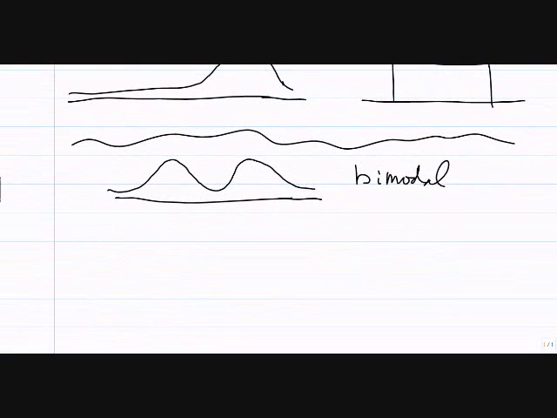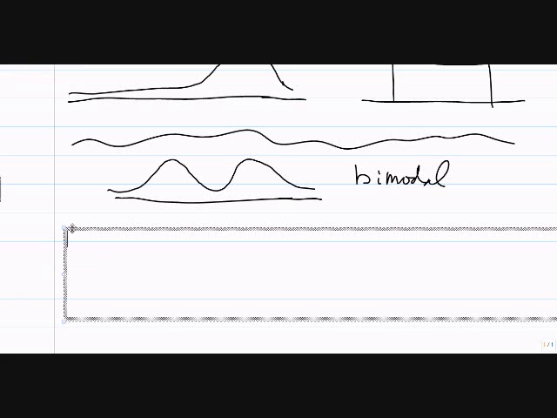All right, so standard deviation as a measure of spread. Now here's the concept for standard deviation.